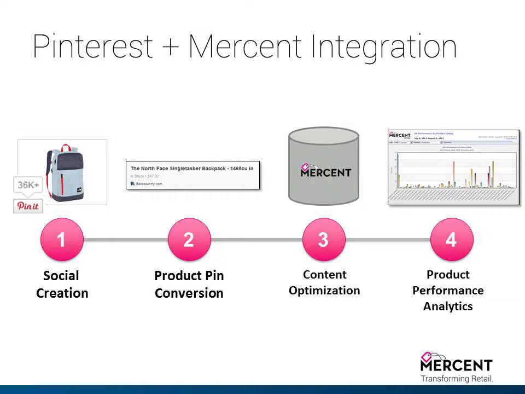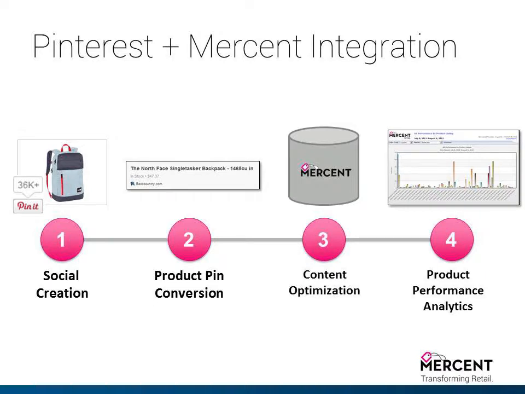However, step 2 of the process is how we enhance the pin, and that's the conversion of that pin, pinned, let's say, through the Pin It button on a retailer's site, to a product pin. The product pin now contains additional information about that product that wasn't already present from the initial social creation phase. The product pin conversion will also allow the retailer to add web analytics tracking to their existing Pinterest URLs.